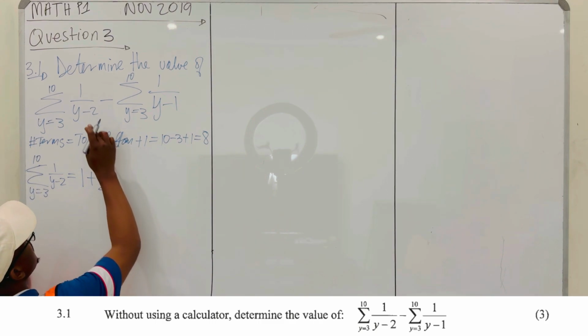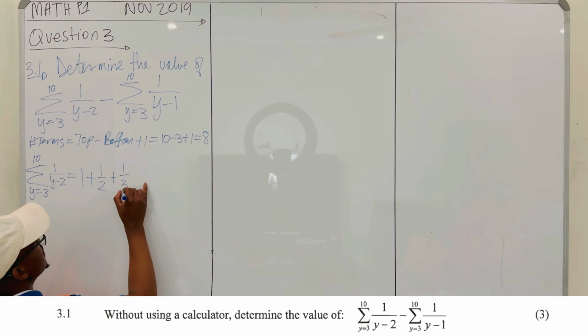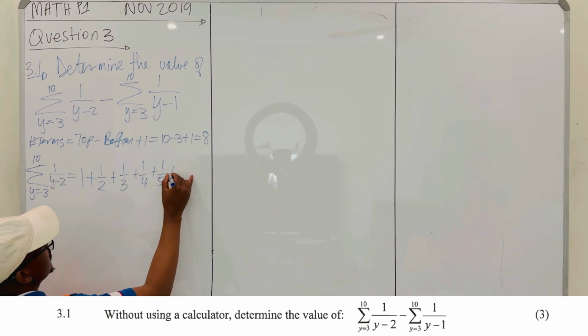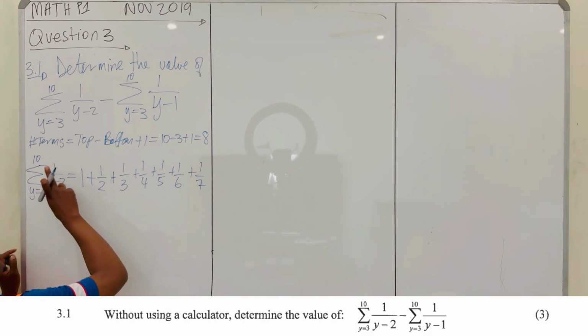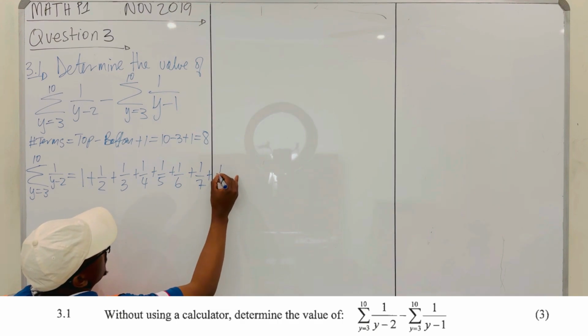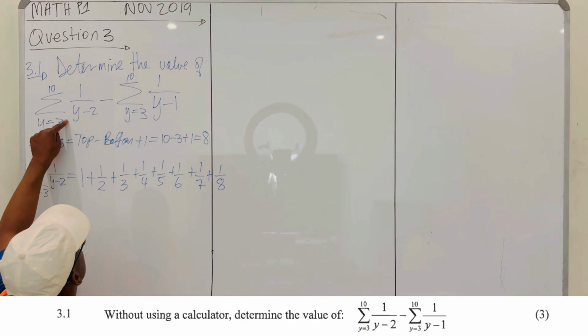Substitute 5, it will be 1 over 3, plus 1 over 4, plus 1 over 5, plus 1 over 6, plus 1 over 7. So how many are there? Should be 8: 1, 2, 3, 4, 5, 6, 7, so the last one is 1 over 8. We have the terms for the first one.